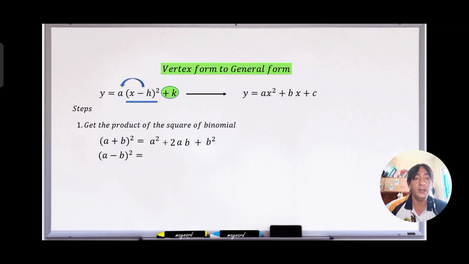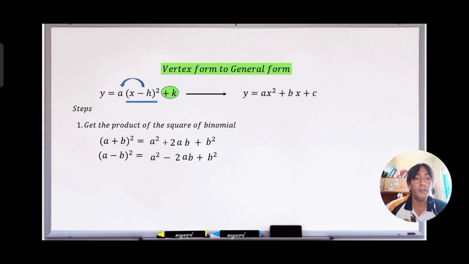Kung minus naman yan, edi square of the first term minus twice the first term and the last term plus square of the last term.